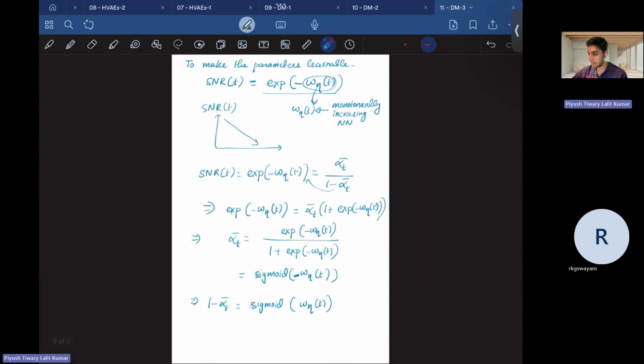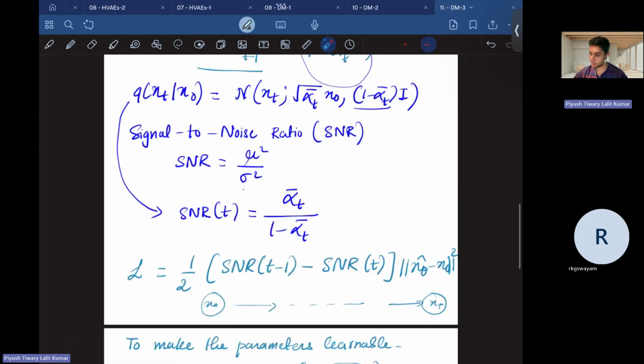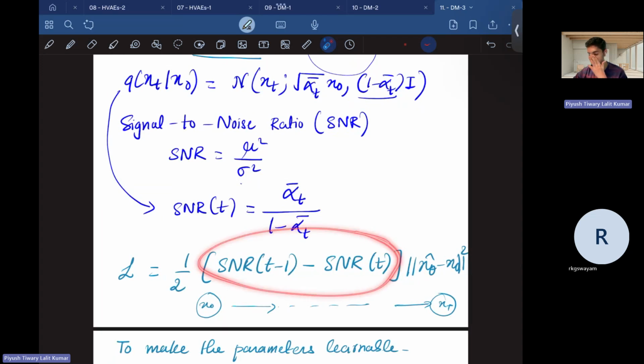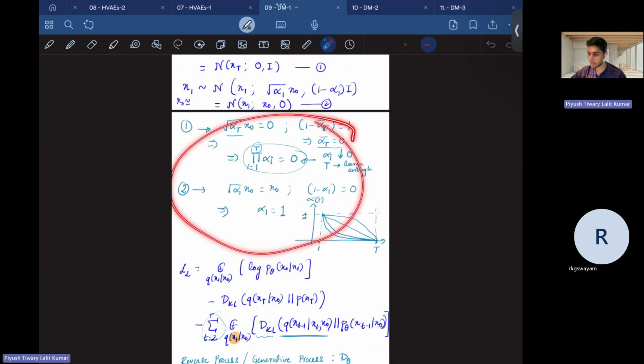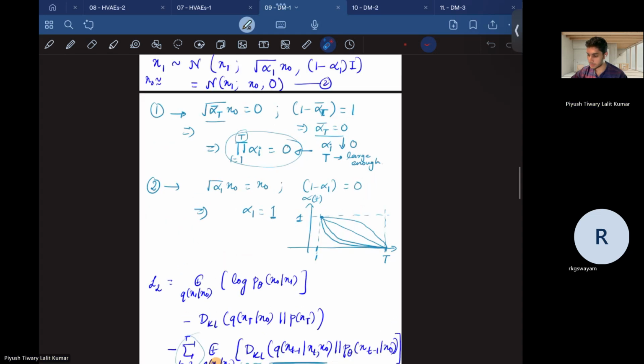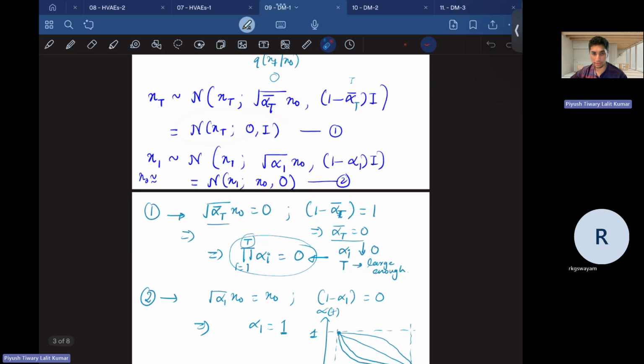So this is another sort of insight into diffusion models, that you can look at the parameters in terms of SNR. This is the crucial point, that you can also think about these alphas as SNR. We did have some intuition about it earlier: initially we want the alphas to be such that it is just a Dirac delta at x naught, and at the end we want it to be Gaussian 0, 1.